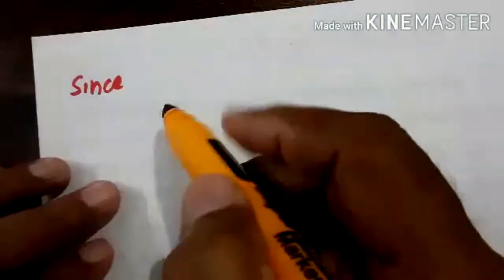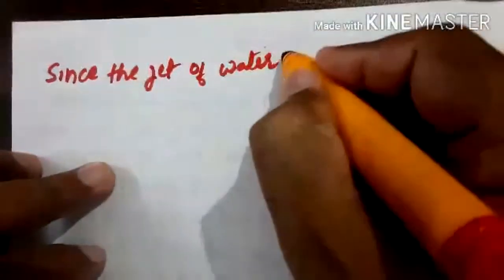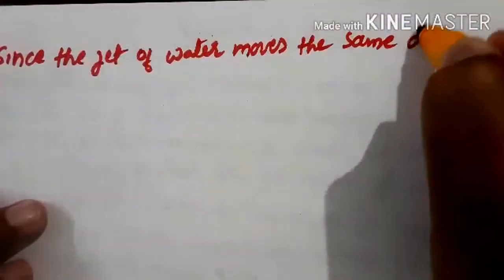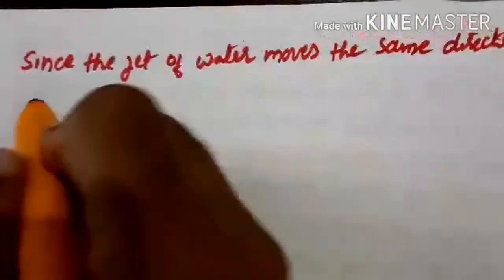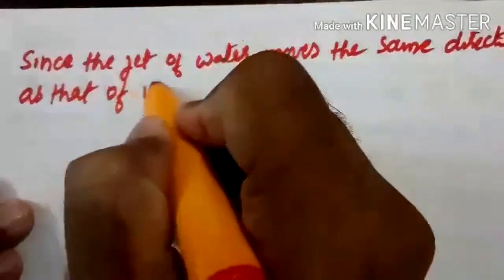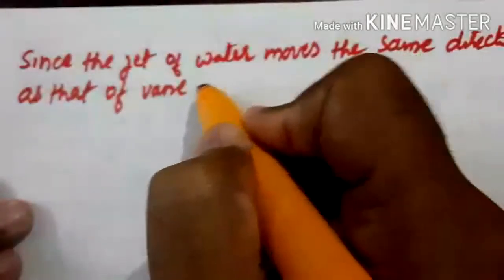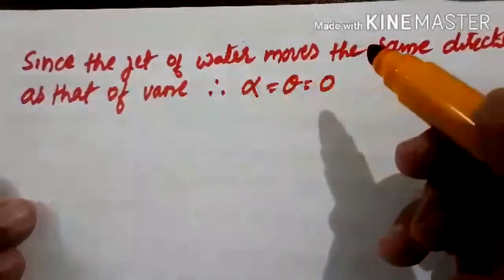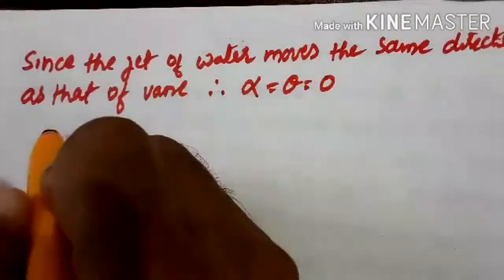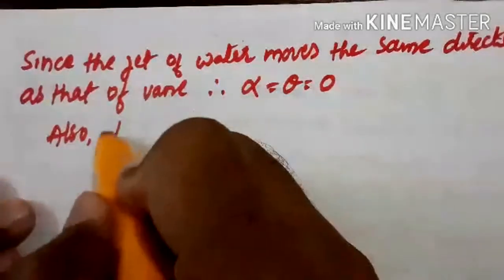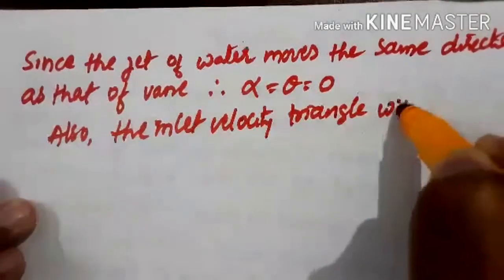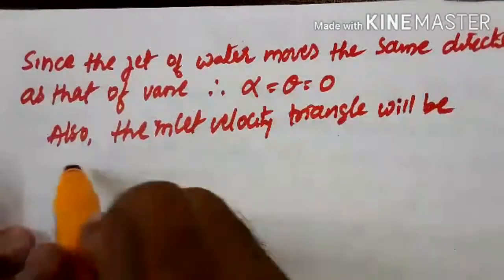Since the jet of water moves in the same direction as that of the vane, therefore alpha equal to theta equal to 0, and also the inlet velocity triangle will be a straight line.